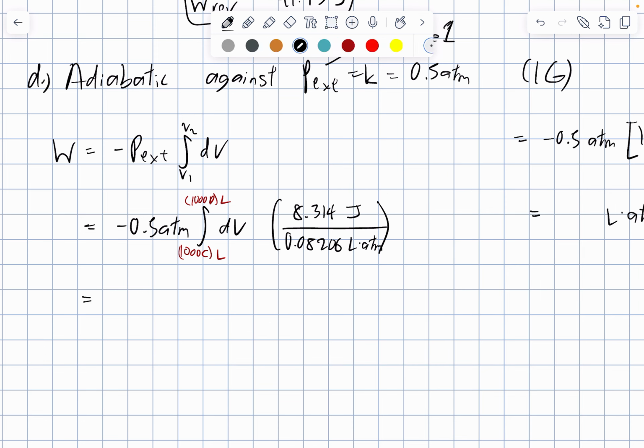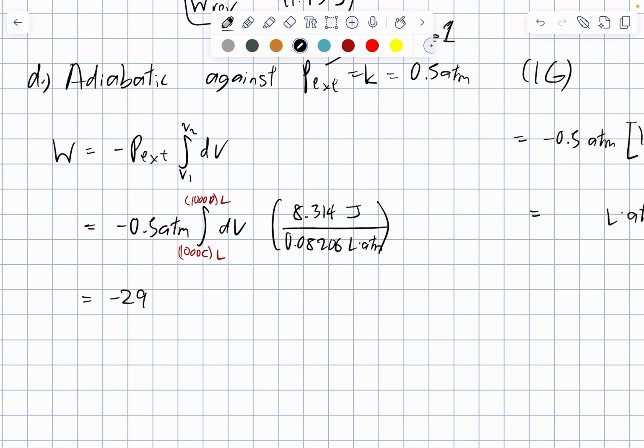So, negative 0.5 integral, and then from 1,000 C to 1,000 D. And then multiply with the conversion factor, 8.314 over 0.08206.